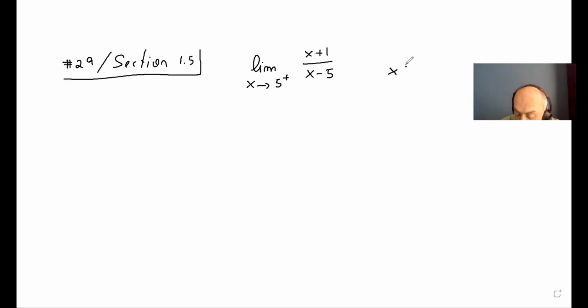So we can say x is approaching 5 from above. Most textbooks that I've seen use this notation because it's slightly more intuitive than the abstract plus in the exponent. But the idea is x is approaching 5 from above, which means x is a number like 5.1, 5.01, maybe 5.001, and things like that.